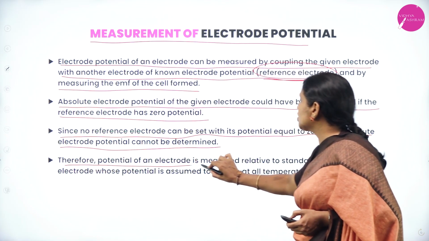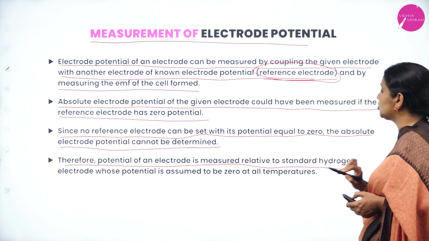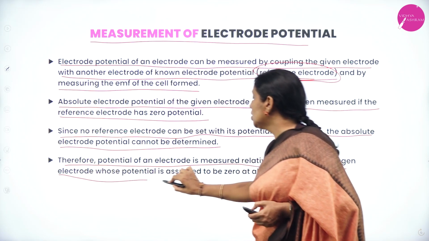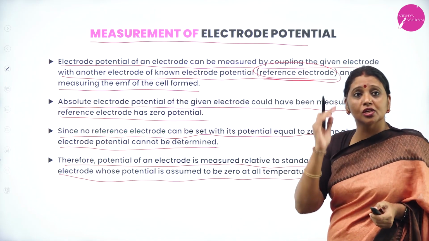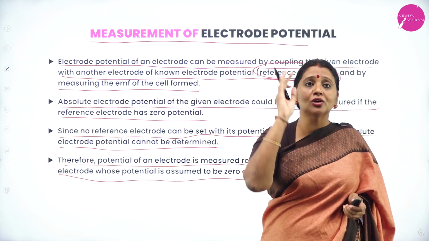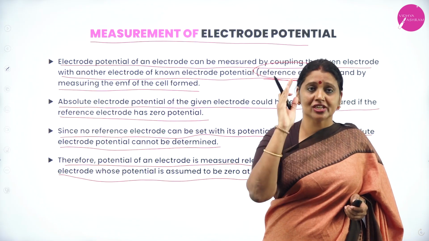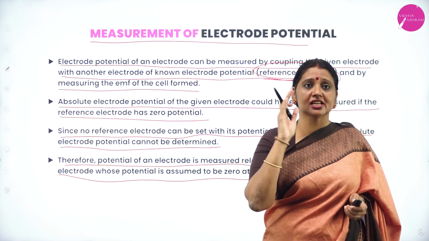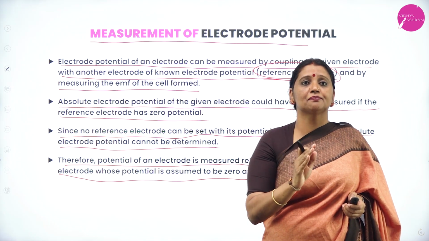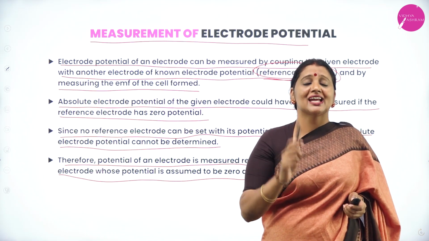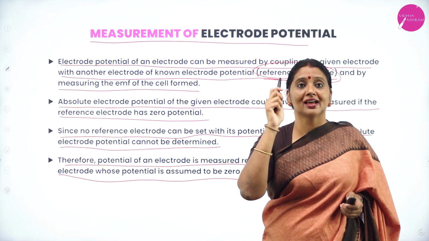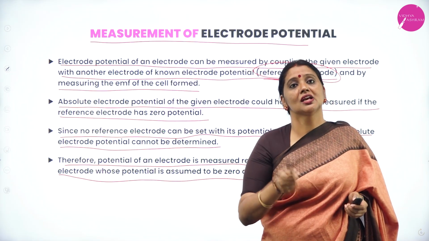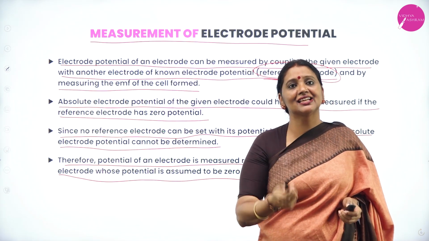Therefore, the potential of an electrode is measured relative to standard hydrogen electrode, whose potential is assumed to be 0 at all temperatures. So, standard hydrogen electrode is used as a reference electrode to measure electrode potential of any other electrode.